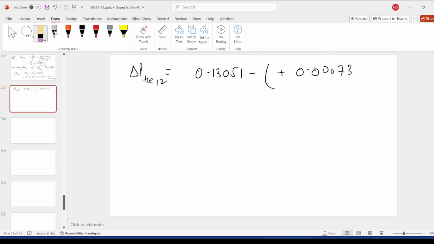Actually, this whole process will become minus and it will become plus.